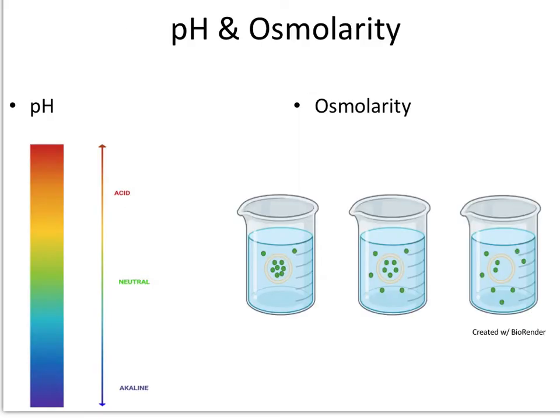And then finally, we'll just do a quick review of pH and osmolarity. pH basically refers to the number of free hydrogen ions in a solution. So something with a lot of free hydrogen ions is an acid. And something with very few free hydrogen ions is a base. Bases have a lot of hydroxyl ions.